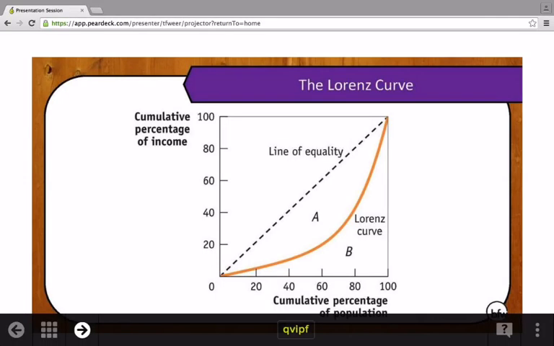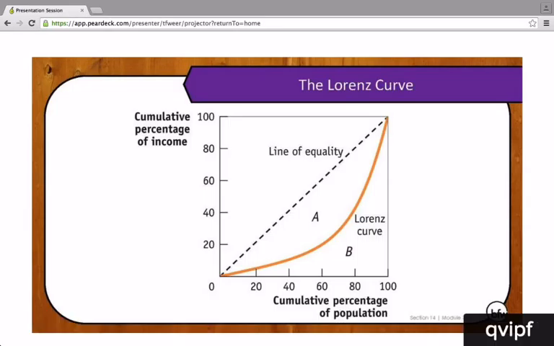And so if we look at something called the Lorenz Curve, it shows the line of equality. And so when you see that line of equality in this graph, if income was completely equally distributed, then the Lorenz curve would look like that, a constant line there, with 20% of income going to each group. 20% of the population would get 20% of the income, 40% would get 40% of the income, 60% would get 60% of the income, and so on.